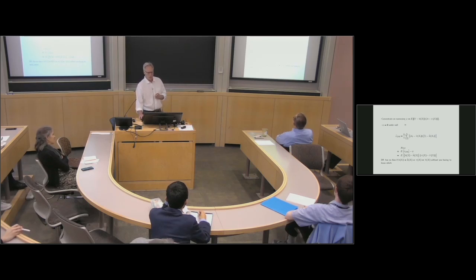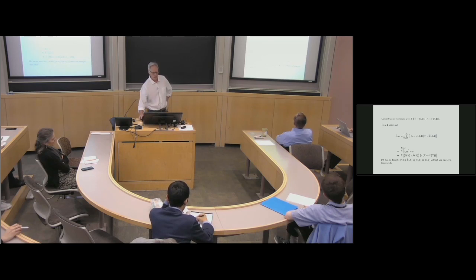Okay, and you can do algebra, and the bias has an interesting form. It's the mean of the true regression minus your estimate times the true propensity score minus your estimate. And now you know what a double robust estimator is.